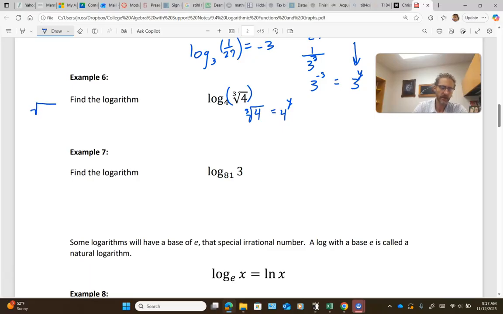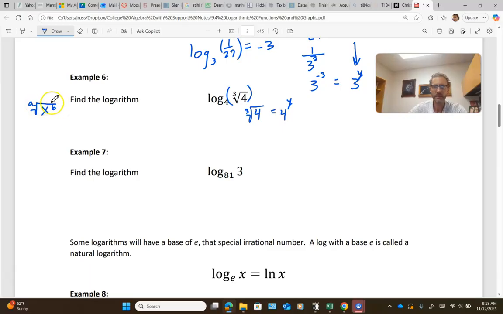Let's say you have some root of x to the power of b, okay, the 8th root of x to the power of b.